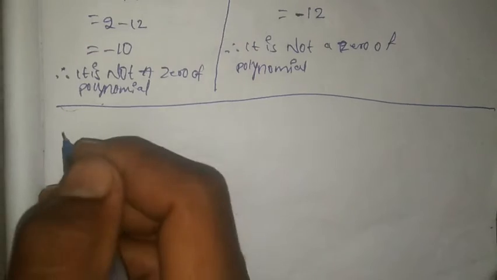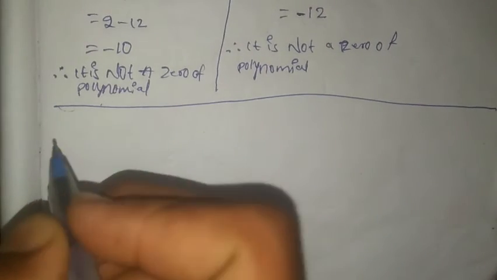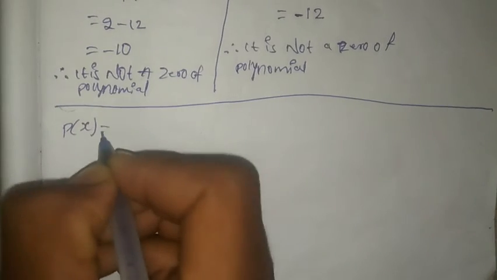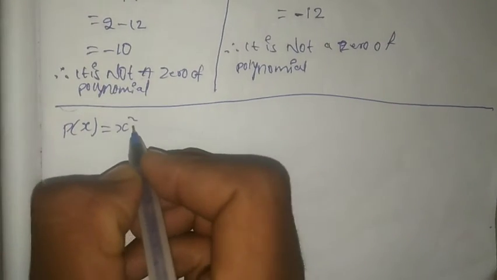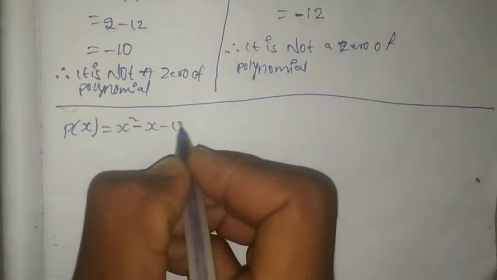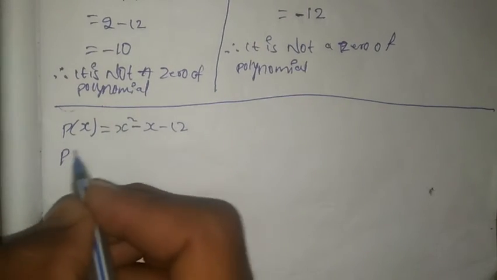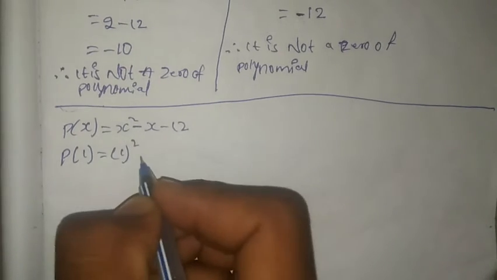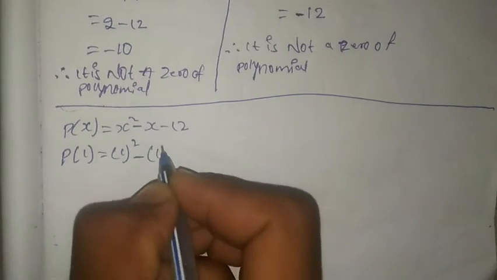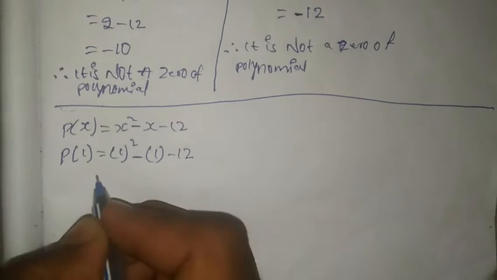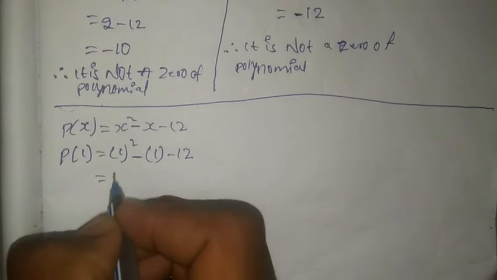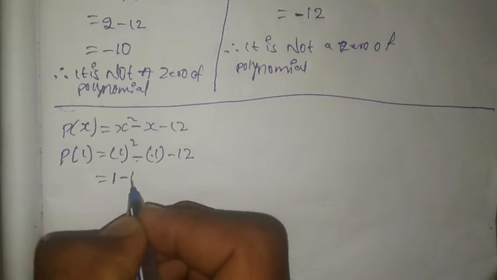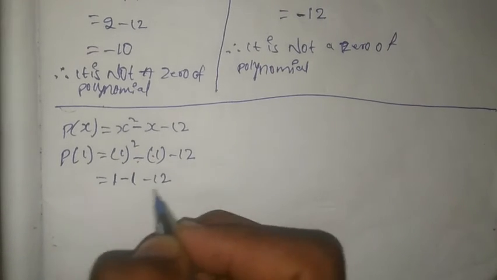Now we have to do another problem. In the previous problem we took x equal to 0. Now the polynomial is x square minus x minus 12 and we take 1, that is plus 1. So 1 whole square minus 1 minus 12. So 1 whole square is 1, minus into plus is minus, so minus 1 and minus 12.